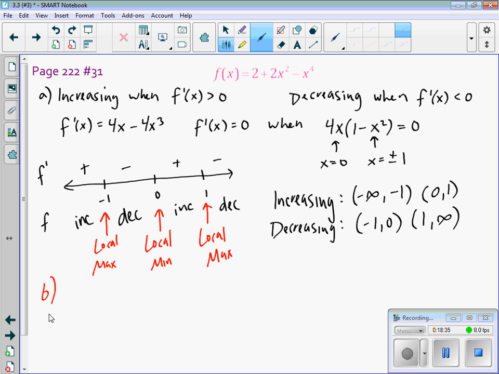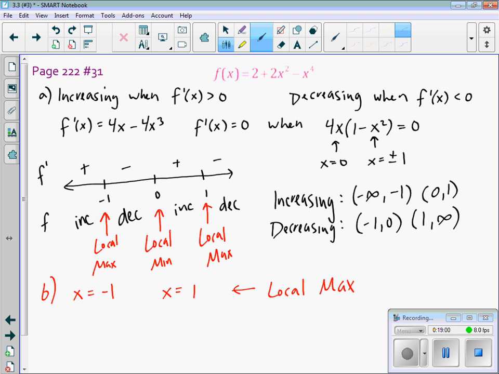Now this is where people get points wrong because they say it's at x equals negative 1. So these are my maxes, and x equals 1. What am I doing wrong here? Yeah, it's asking for the values. So it's actually asking for what the max and min y values are.